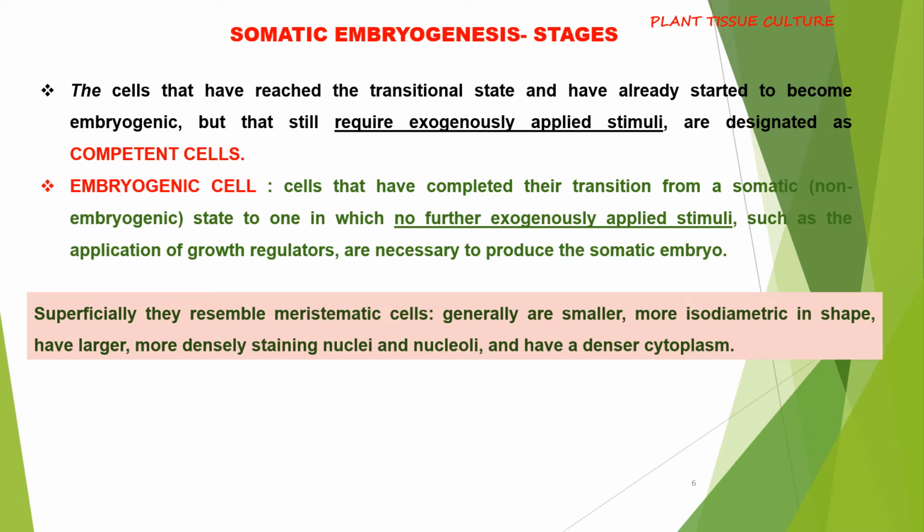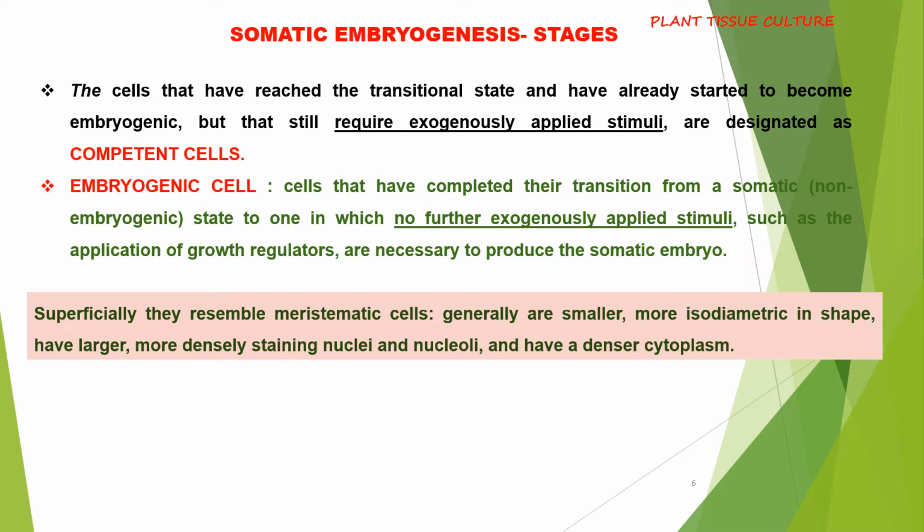In phase 0 of somatic embryogenesis, competent cells are formed. These are cells that have reached a transitional state and have already started to become embryogenic, but they still need an external stimulus by means of growth hormones like auxins.